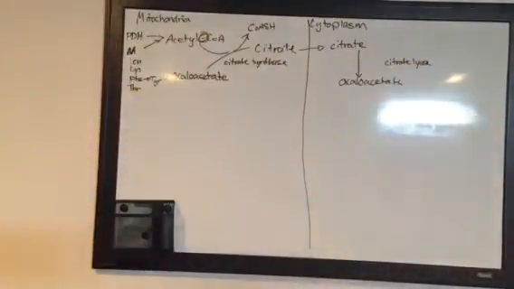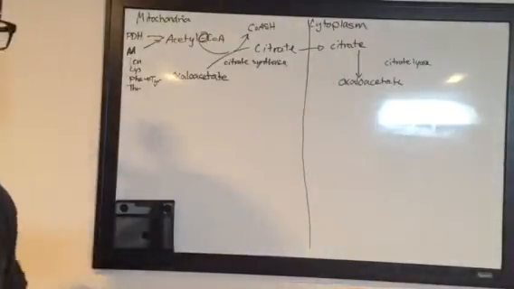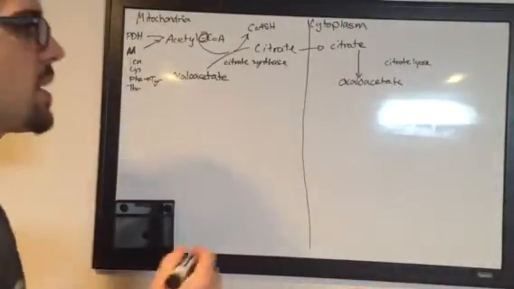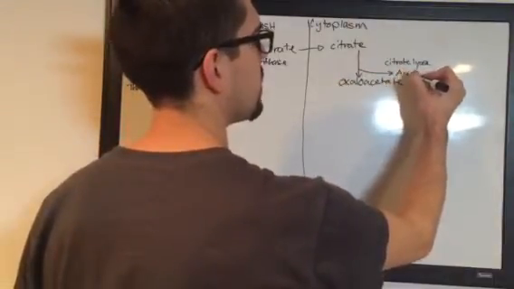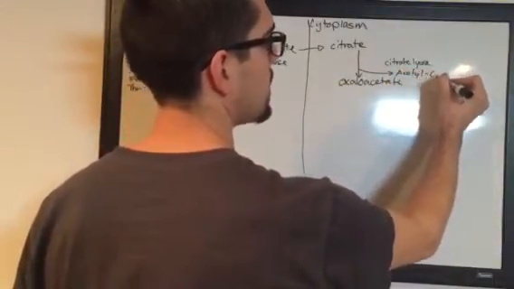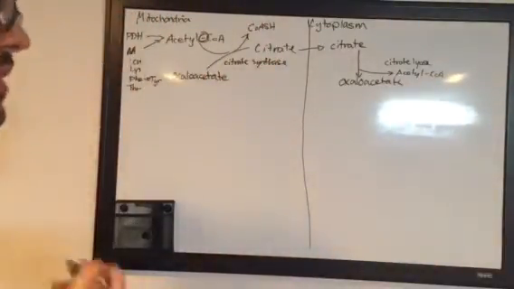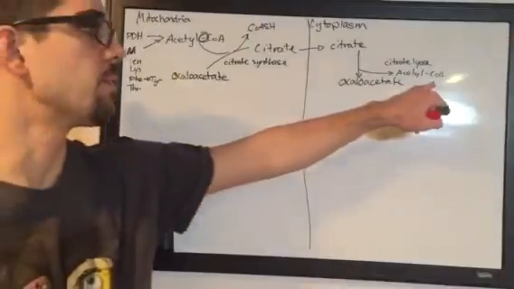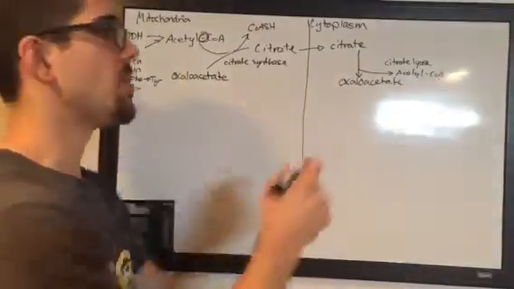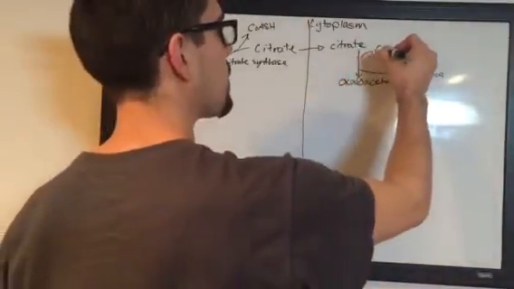Now with citrate lyase, we are breaking a bond, however, we also need to make acetyl-CoA, right? Our entire purpose of doing acetyl-CoA transport is to obviously transport acetyl-CoA across the mitochondrial membrane. Therefore, we need a coenzyme A, right?